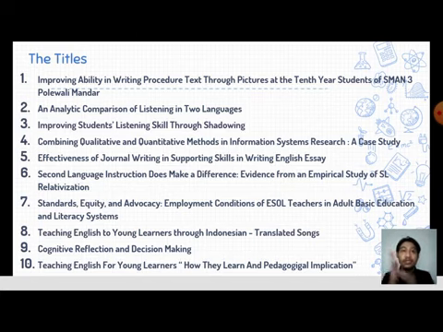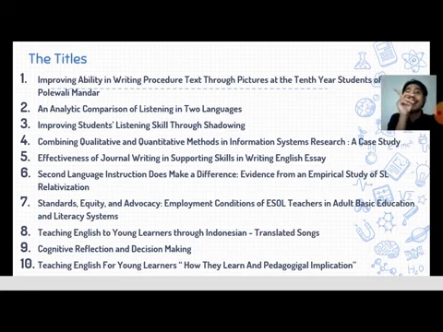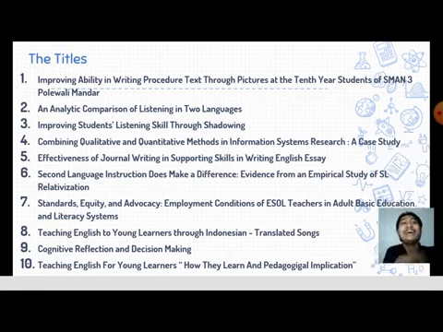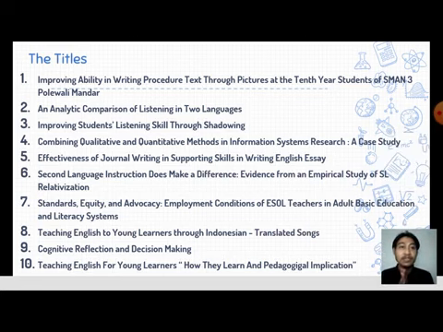As you can see, number one here is the same as, using a picture as media, and number five here is using media too, but the difference is that number one uses a picture as media and number five uses a journal as media to support skills too, and to improve their ability to discuss.